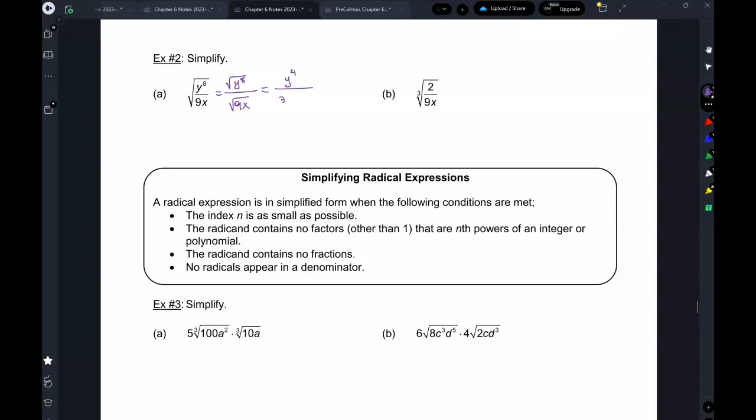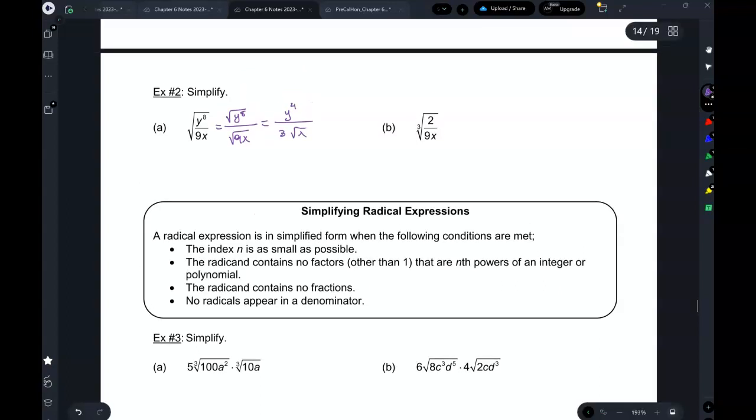On the bottom, I get 3 root x. Now the only issue I have here is the root x. So I multiply by root x, and I get y to the 4 root x over 3 times what? x. Okay? Cool.